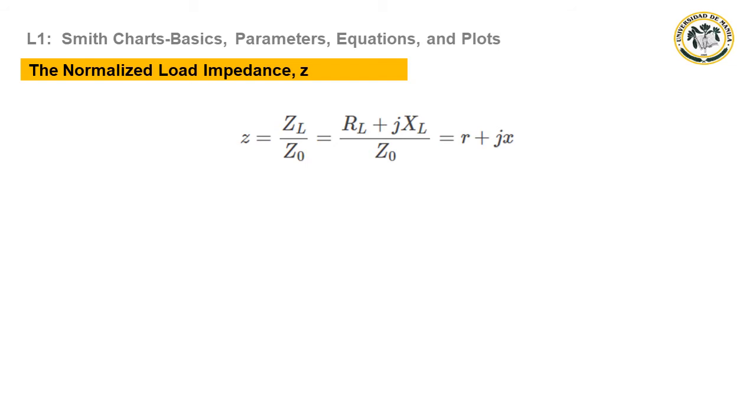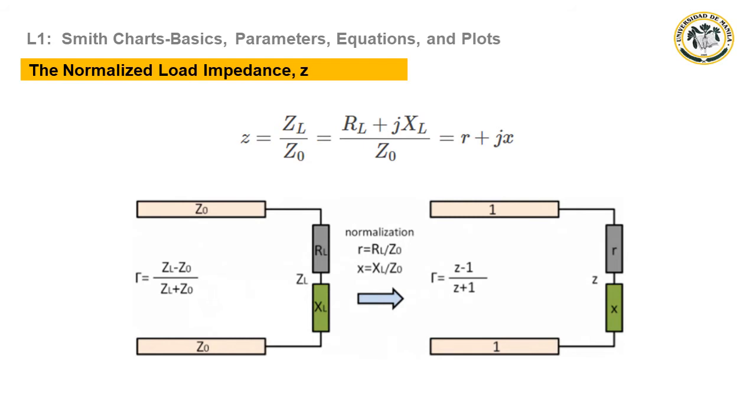So we call r as our resistance or the real part of our normalized load impedance and x as our reactance as imaginary part of our normalized impedance.